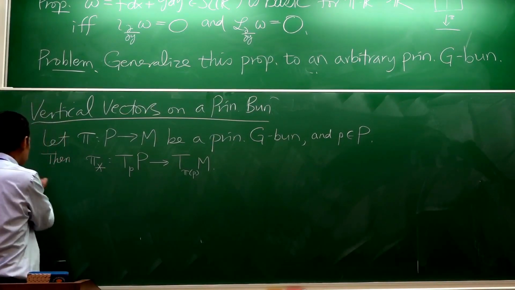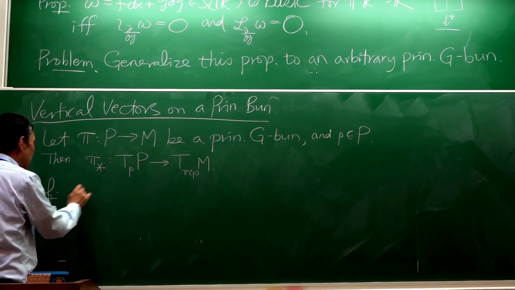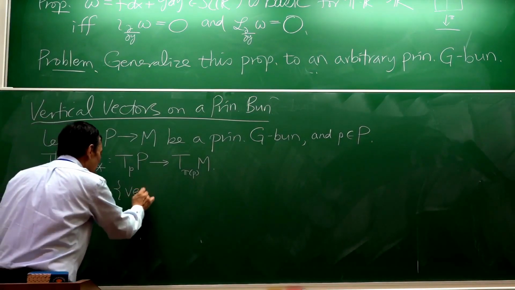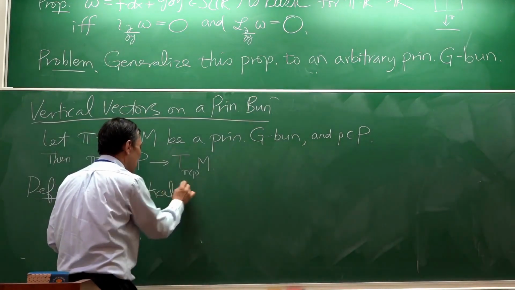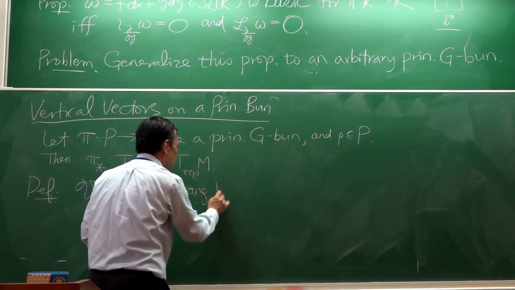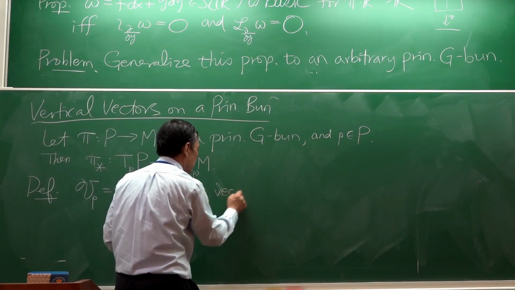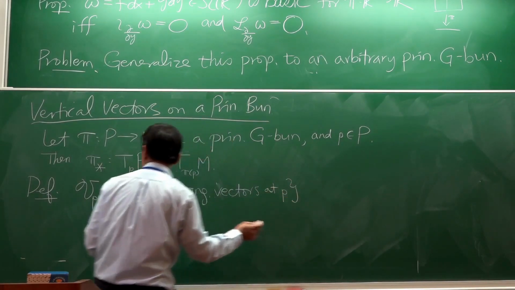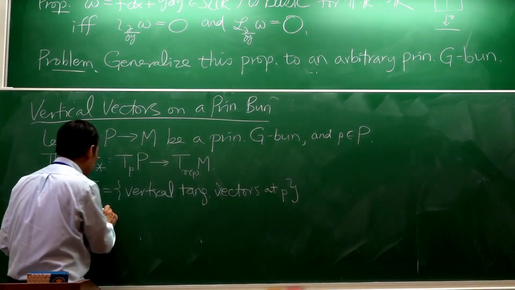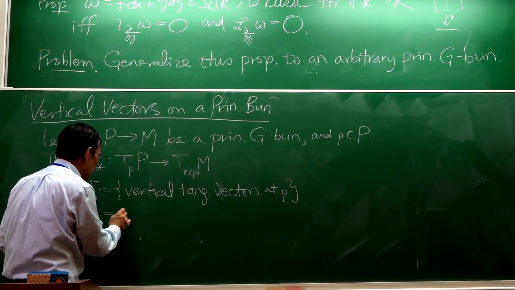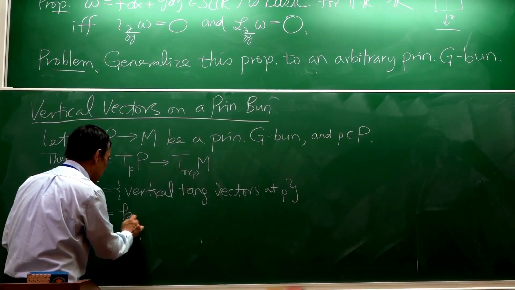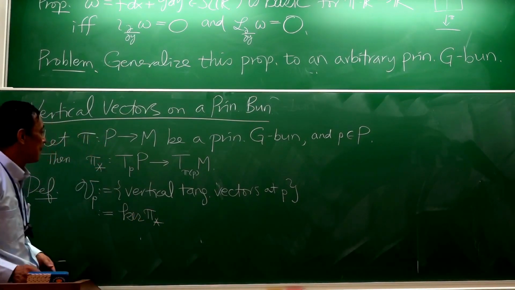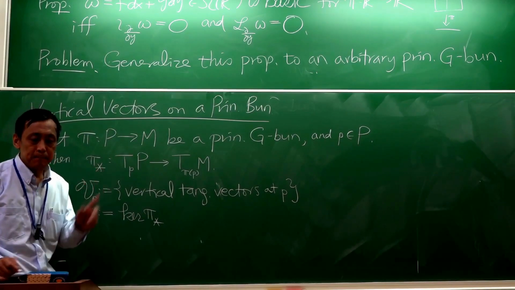So definition: V_P, these are the vertical tangent vectors at P. It's the kernel of pi lower star.